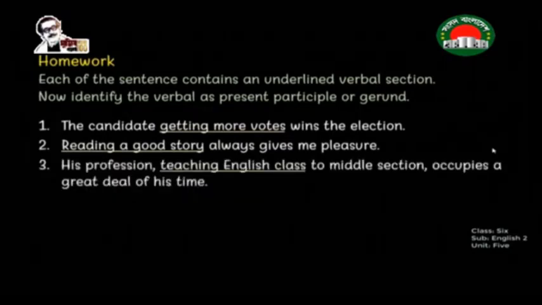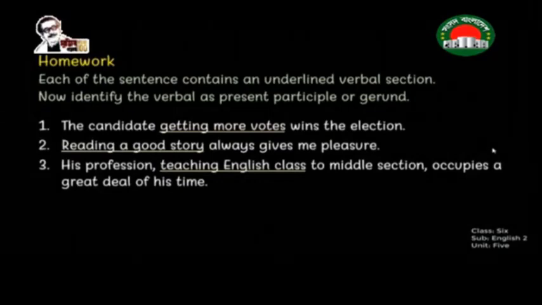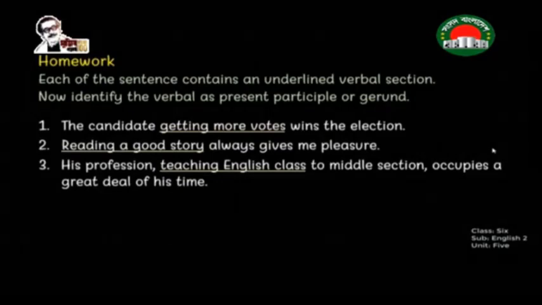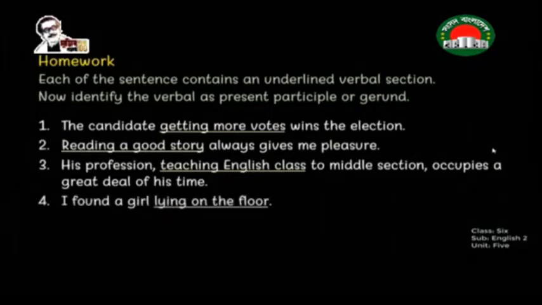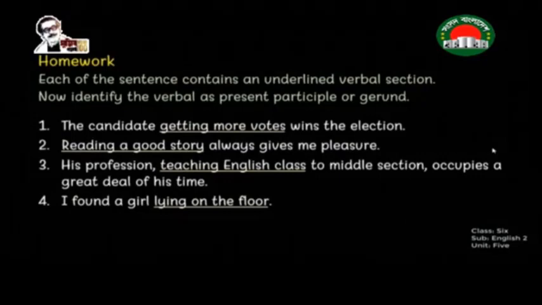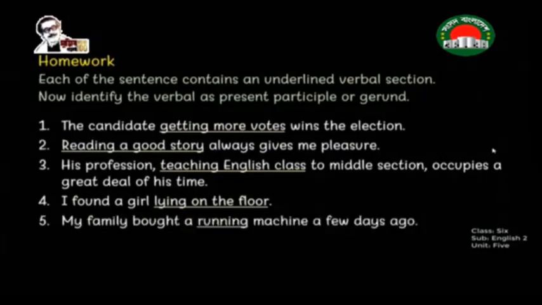Number 3, his profession, teaching English class to middle section, occupies a great deal of his time. Number 4, I found a girl lying on the floor. And number 5, my family bought a running machine a few days ago.